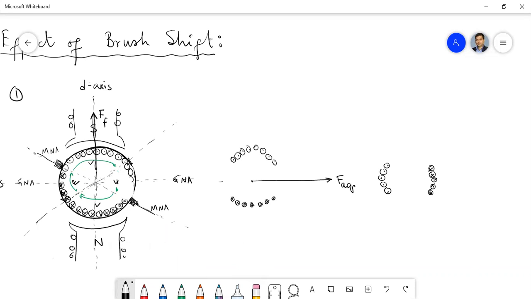Now, is it okay? Just check. So that means this portion I have drawn incorrectly. So this side will be cross and this side will be dot.